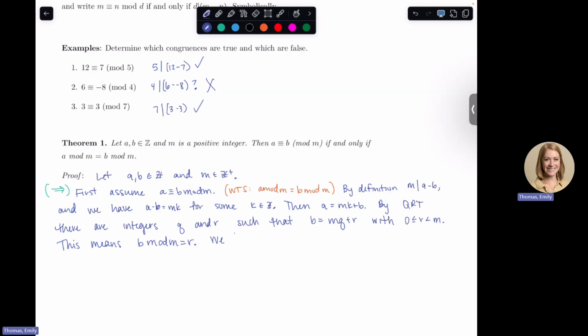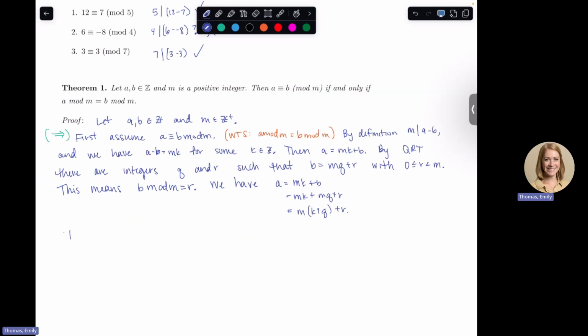Okay, we have A is equal to MK plus B. And now we know that B is MQ plus R. So A is M times K plus Q plus R. Thus, A mod M is also R. So A mod M is equal to R, which is equal to B mod M. Now that feels really not real to me.